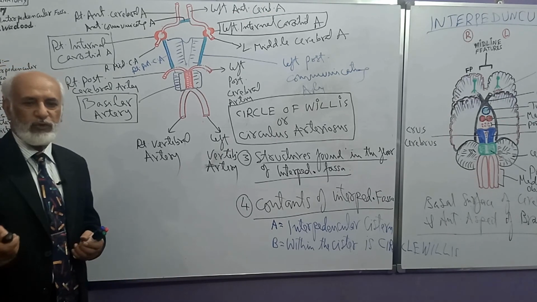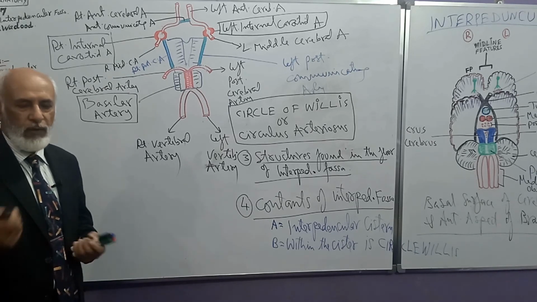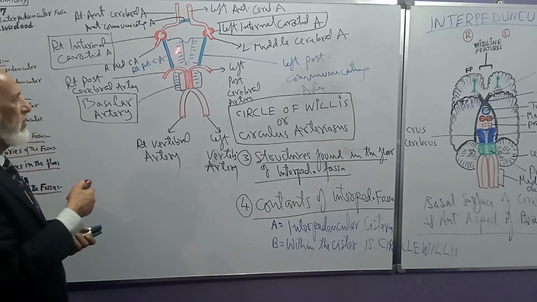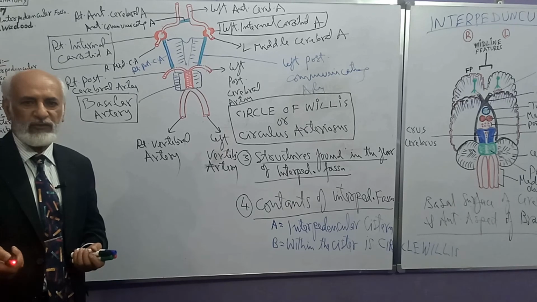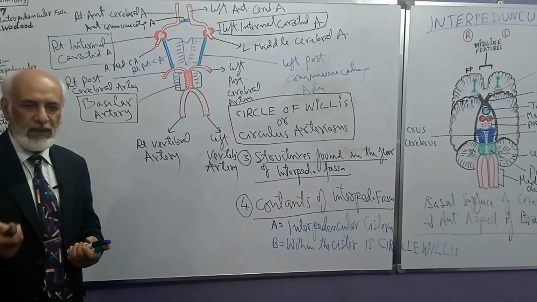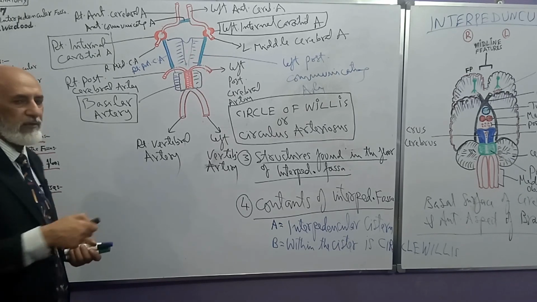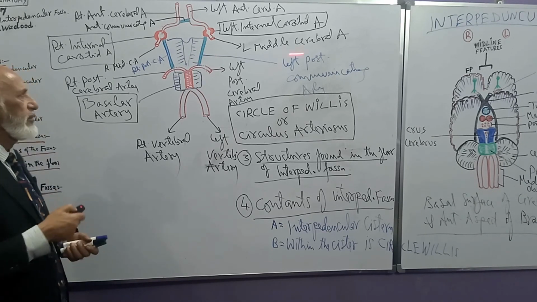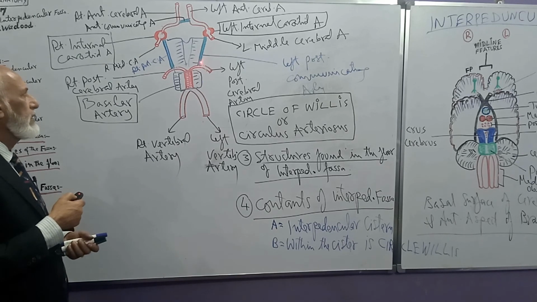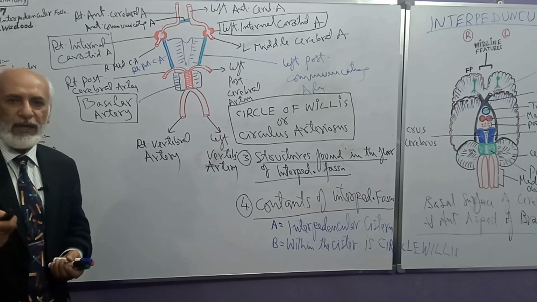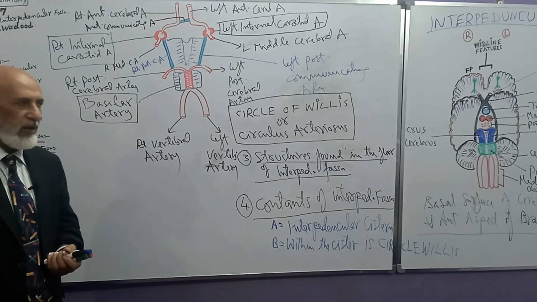Sometimes the cerebrospinal fluid is stained by blood. Why? Because the blood vessels are inside the subarachnoid space, floating in the cerebrospinal fluid. So if any of these minute vessels have an aneurysm and rupture, there will be bleeding into the cerebrospinal fluid, and the CSF is then blood stained.